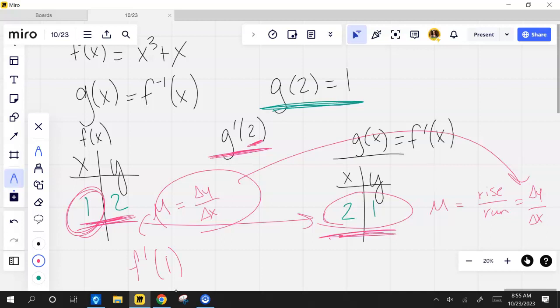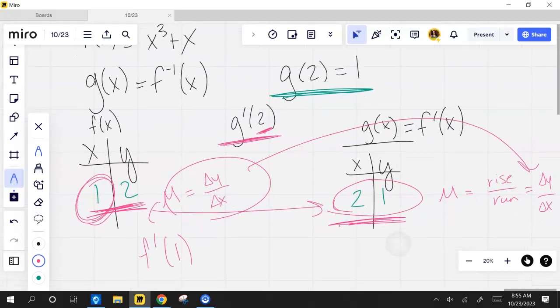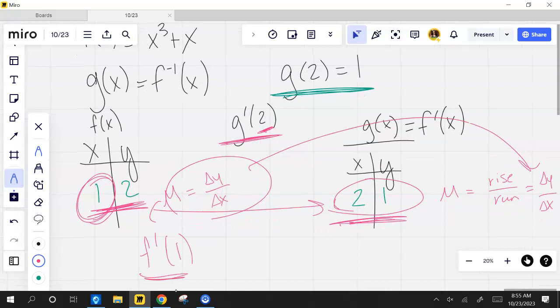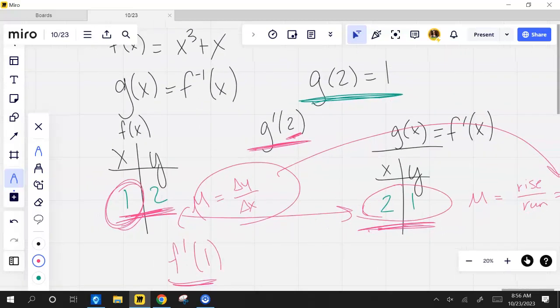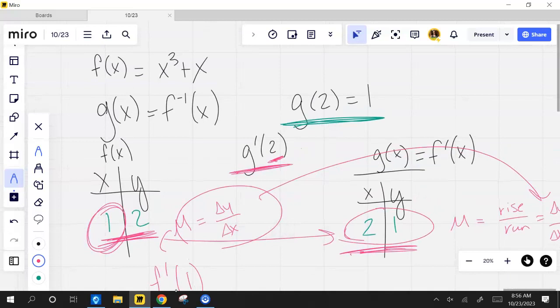Well, how are you going to find that? Why would you put 0? The next one over? Oh, and you're finding the slope. What about even easier? Look at the equation you've got. What's the derivative of f? Look at what f is. f is this nice polynomial, right?